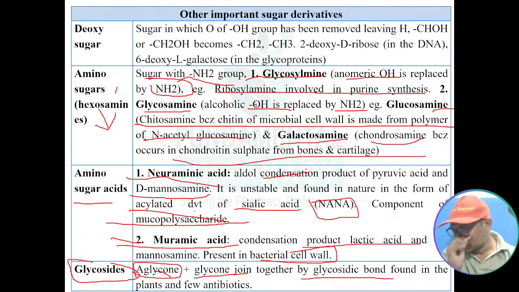Glycoside मतलब क्या? A non-sugar portion when bound to the sugar portion via glycosidic bond forms a glycoside. It is found in the plants and antibiotics. जो कुछ एंटीबायोटिक है, ग्लाइकोसाइड एंटीबायोटिक, ग्लाइकोपेप्टाइड एंटीबायोटिक्स, इसमें भी ये ग्लाइकोसाइड बॉन्ड होता है.